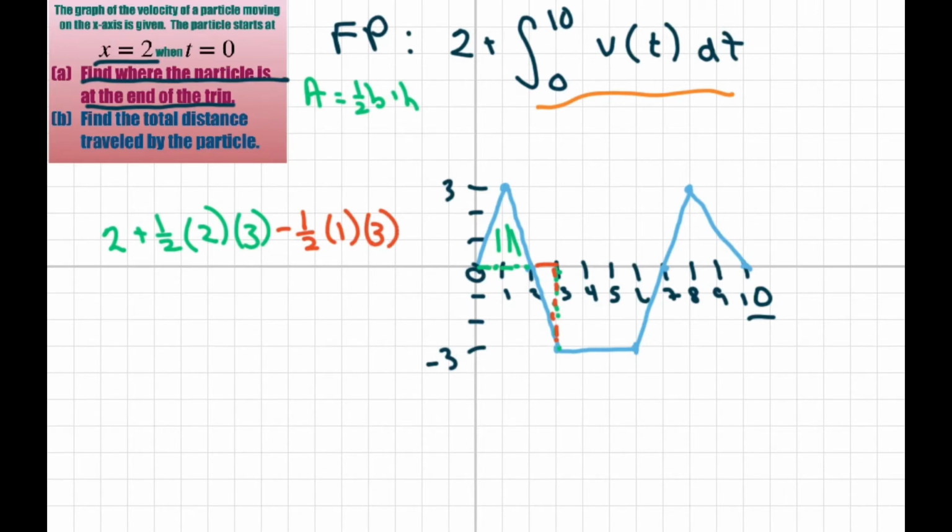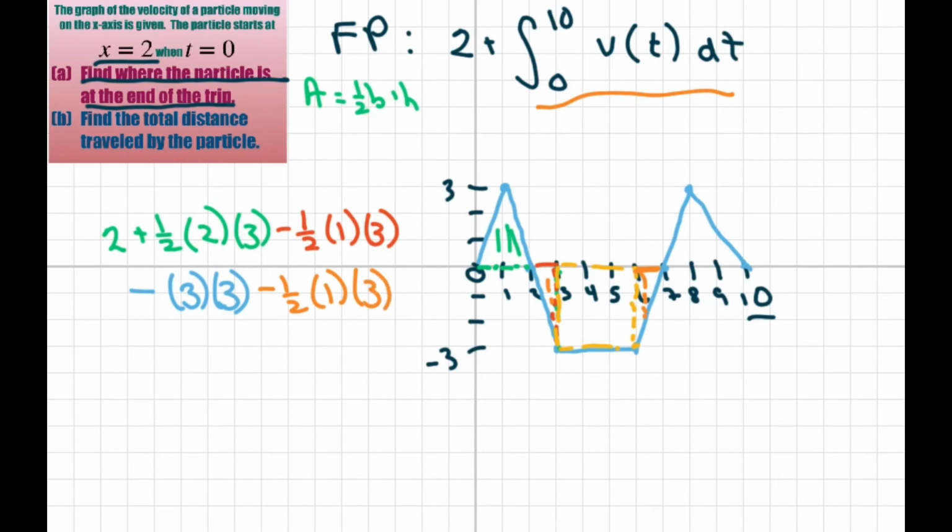The next one we're going to do in yellow. This is a rectangle, so that's just length times width. It's below the axis, so we do minus 3 times 3 for that piece. Then we have another triangle here, just like this one, so that's minus 1/2 times 1 times 3 again.